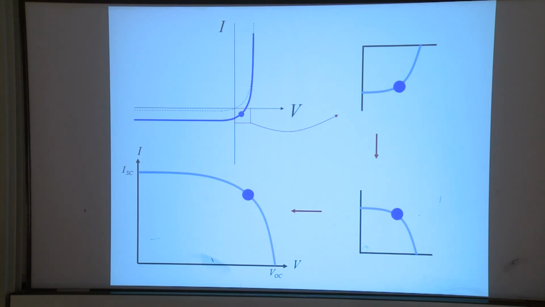It doesn't matter if we define negative as positive or positive as negative, so we usually flip this diagram over and it will look like this. If we magnify it, with VOC in this location, while we have ISC in this location.